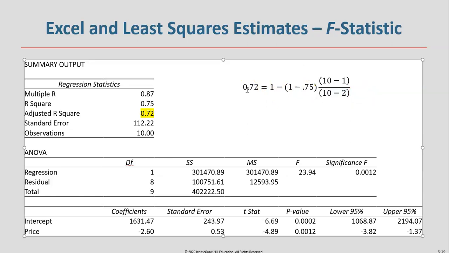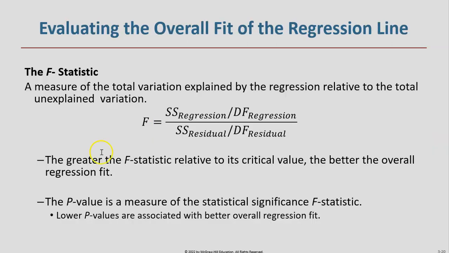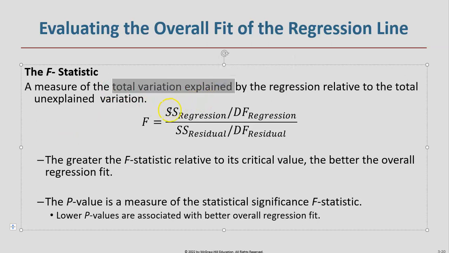Another statistic that you see in Excel output is the F statistic. And that is a ratio of the total variation that's explained, which is the regression sum of squares, divided by the degrees of freedom. So it's the total variation explained divided by the total unexplained variation.